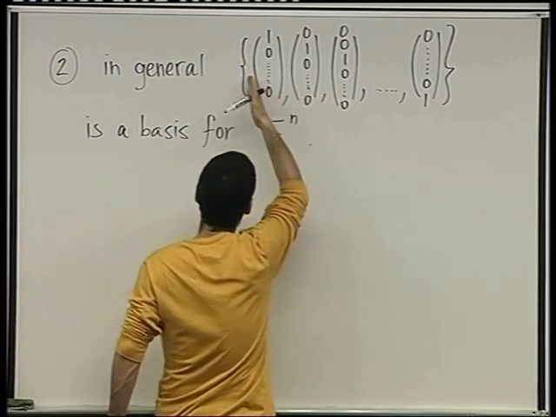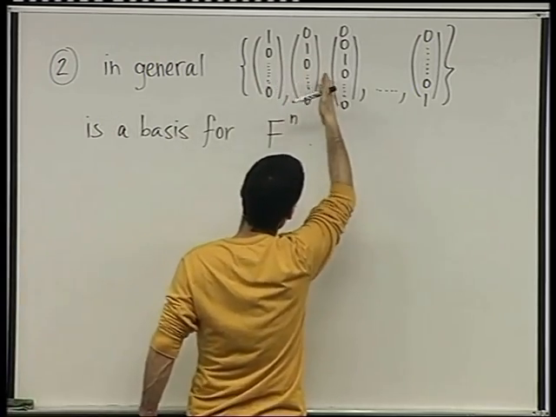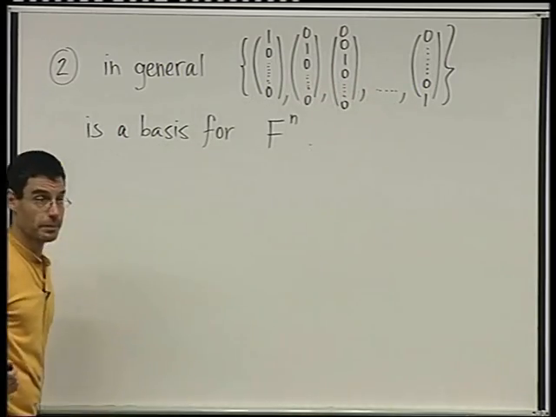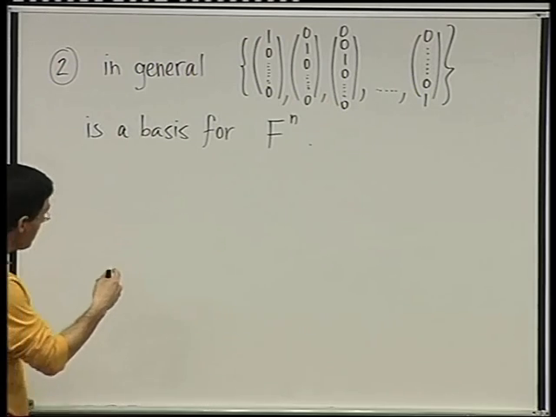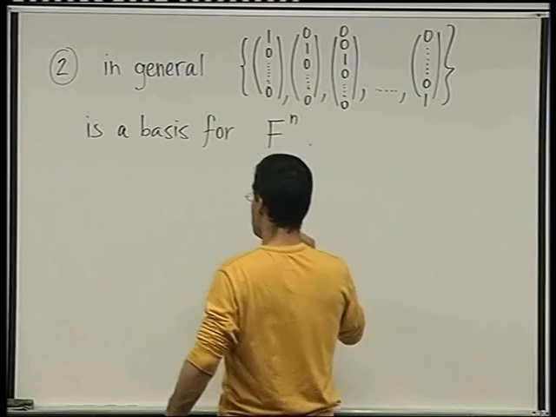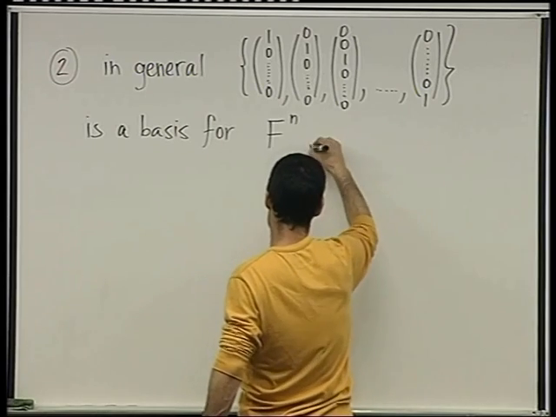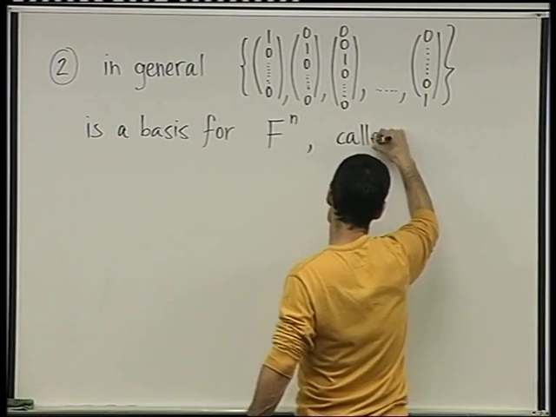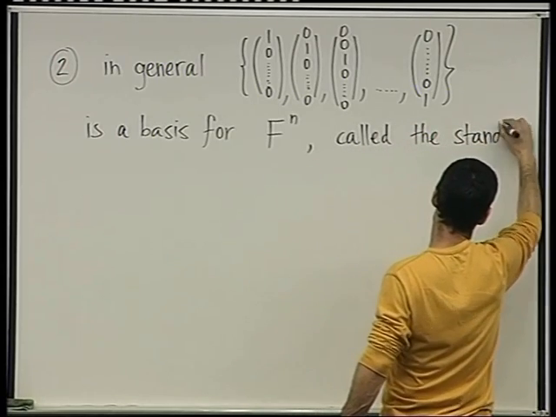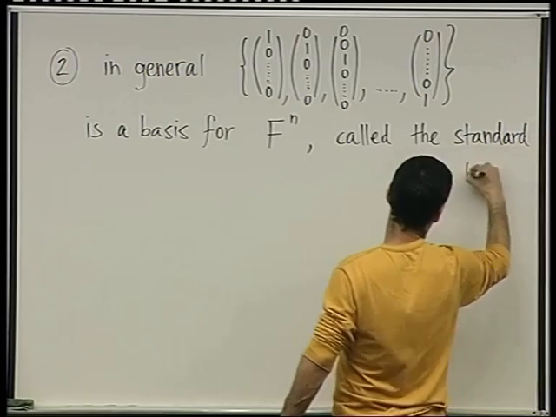You would write it as a1 times this, plus a2 times this, plus a3 times this, all the way up to an times that. Do you agree? And this basis also has a name, so it's a basis for Fn called the standard basis.